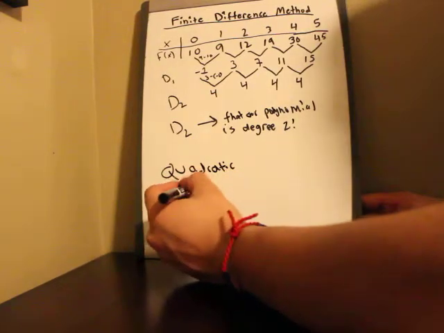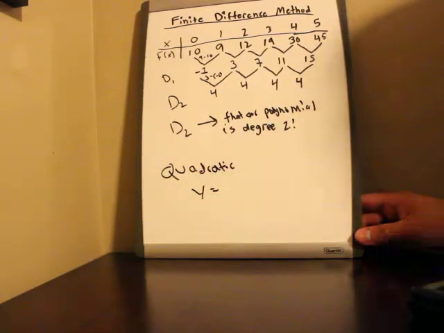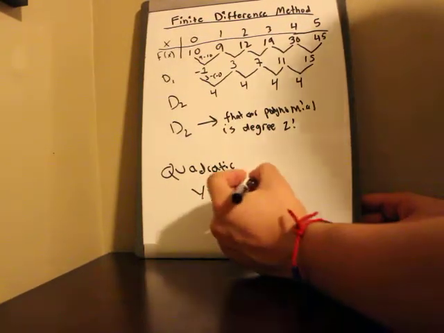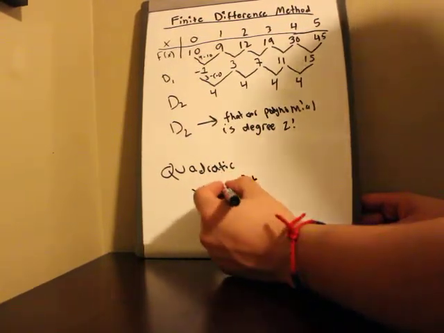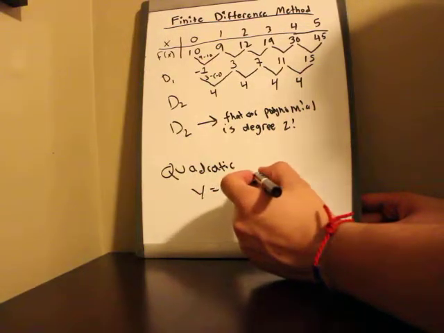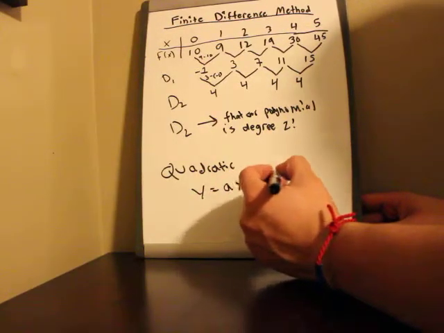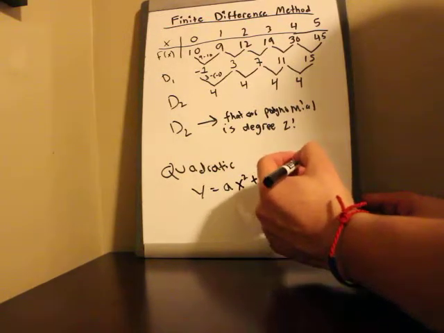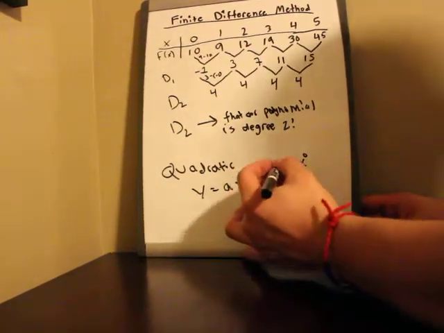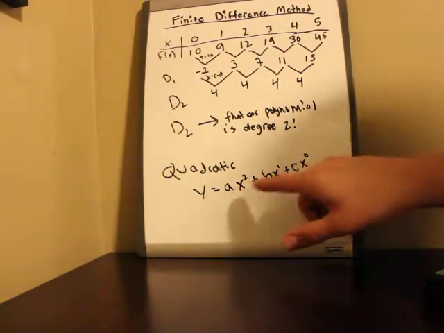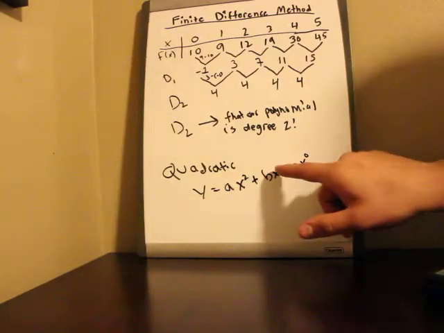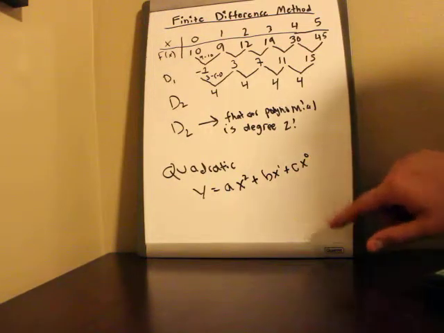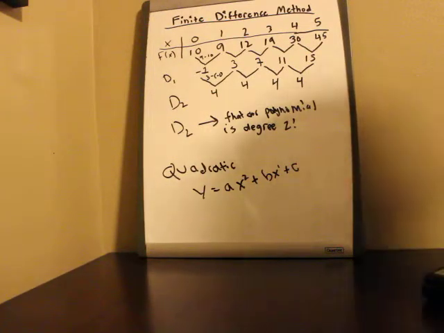And that means that the equation is going to look like y equals ax squared plus bx plus c, x to the 0. We subtract 1 from the exponents: 2 subtract 1 is 1, 1 subtract 1 is 0. But anything raised to the 0 power is just 1. So we get this equation right there.